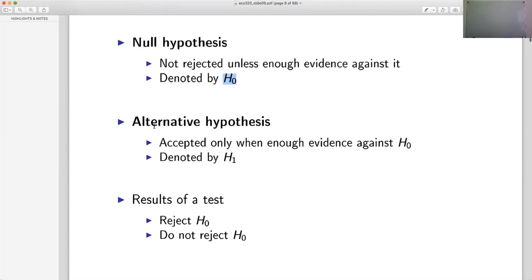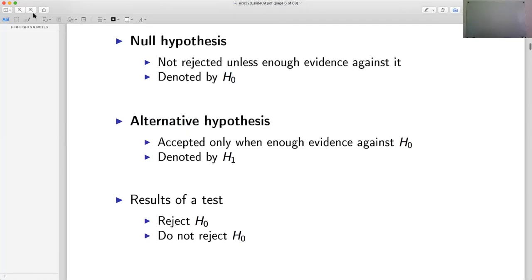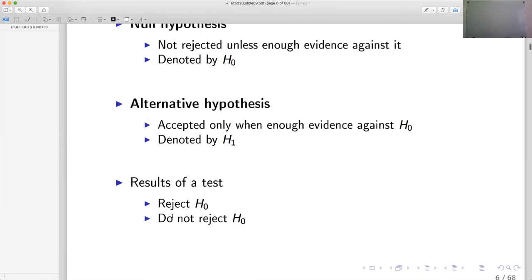So we usually say we do not accept, we actually fail to reject. We cannot reject based on the result. So the result of a test can be rejected or not rejected based on the inference.